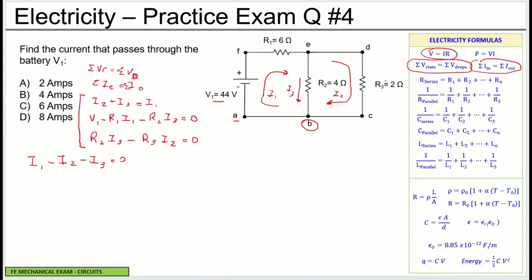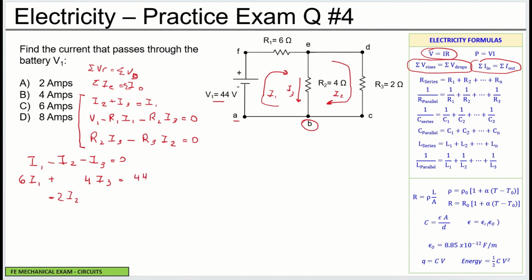The second equation, with some rearrangement: R1 is 6, so 6I1, plus R2 I3, where R2 is 4, so 4I3, equals V1, which is 44.